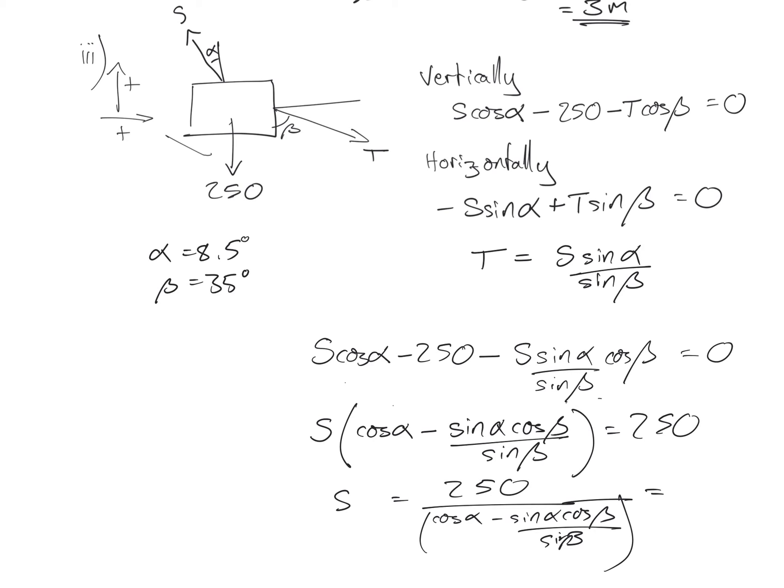So I've got cos 8.5 minus sine 8.5 times cos 35 over sine 35, and that is 321.4 newtons.